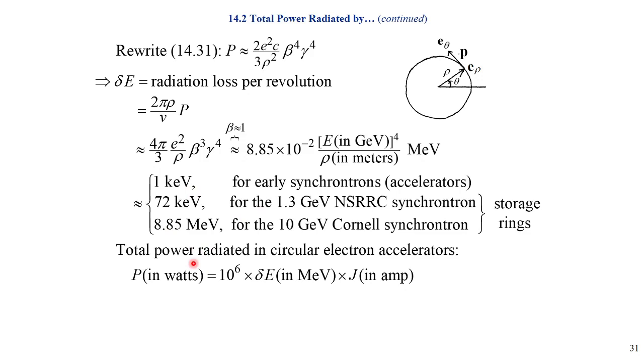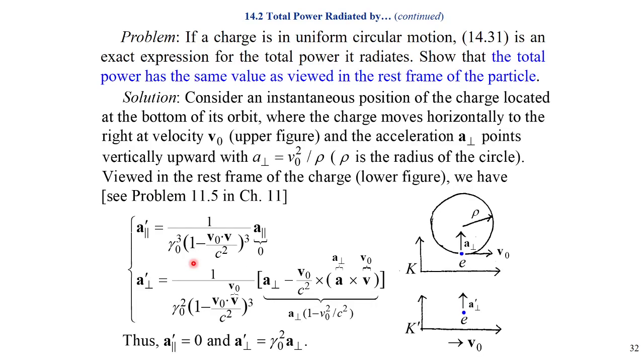Let me give you a problem. If a charged particle is in uniform circular motion, just like the previous case, find an exact expression for the total power it radiates.